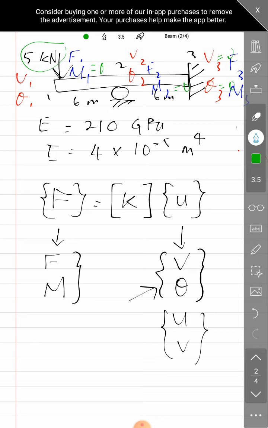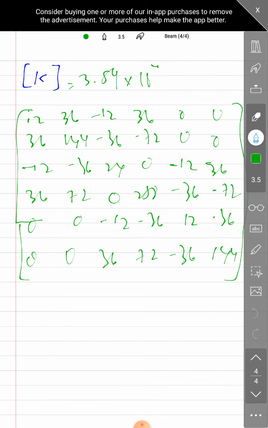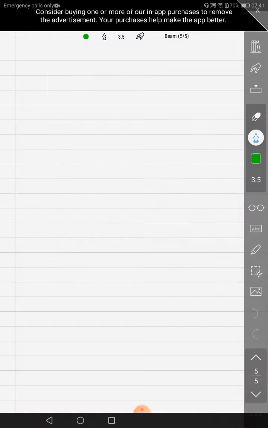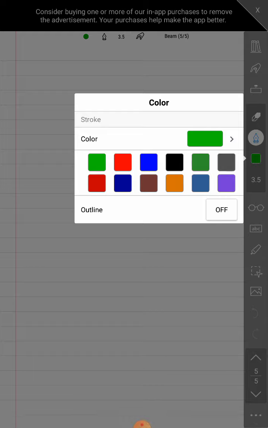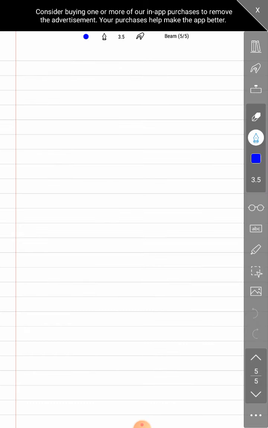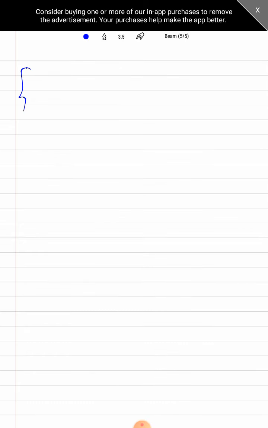Okay, so let's plug in and then we can simplify the equation. Let us write again the equation. So you have your F, which is F1, M1, F2, M2, F3, M3.